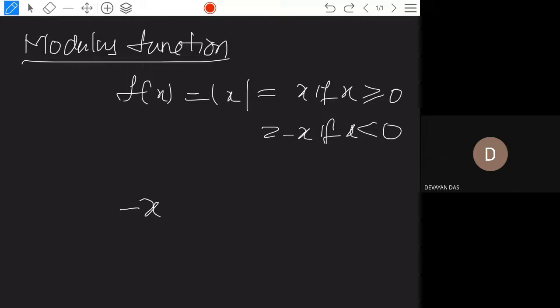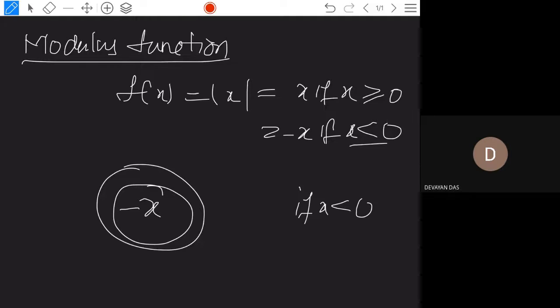This is positive if x is negative. If I take minus 2 in the place of x, minus of minus 2 is a positive number. So that's why, whenever x is less than 0, minus x is positive.